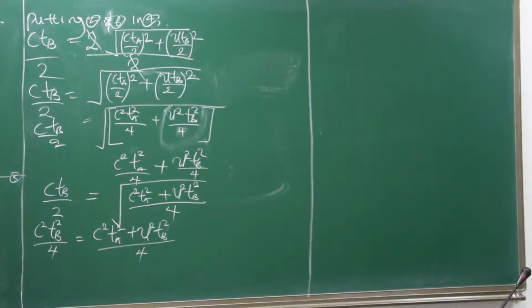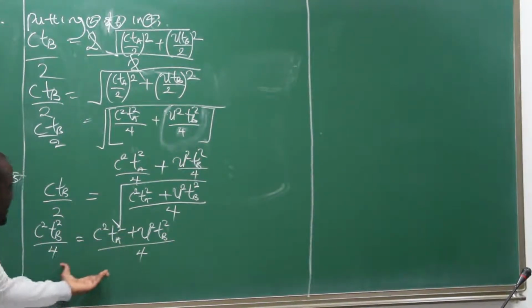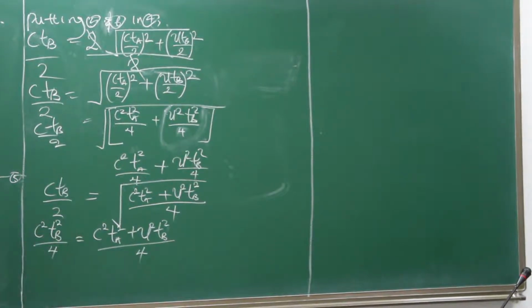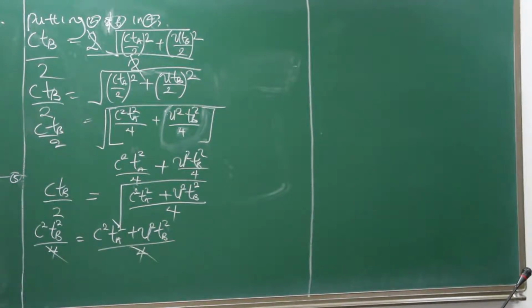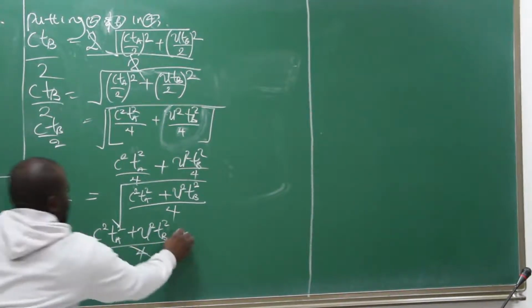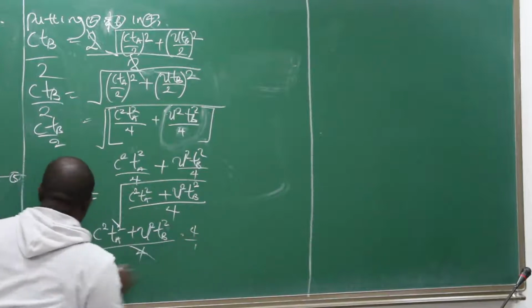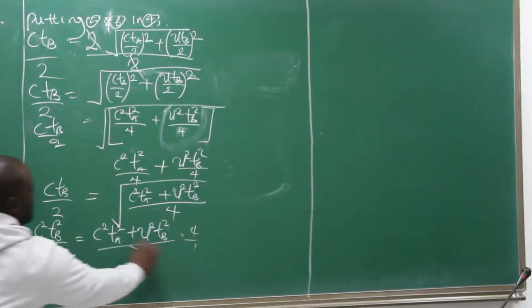Now it's still a bit complex, so what we're going to do is to remove these ones. Multiply both sides by 4, and these ones are going to go away, because when you multiply this one by 4, and this one by 4, over 1, over 1, 4 into 4, 4 into 4.